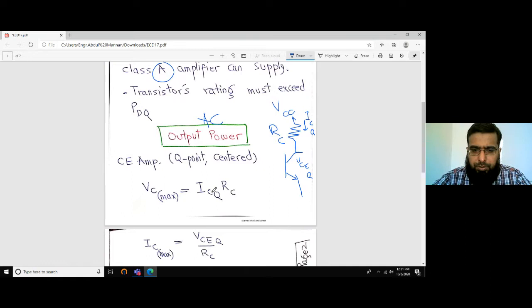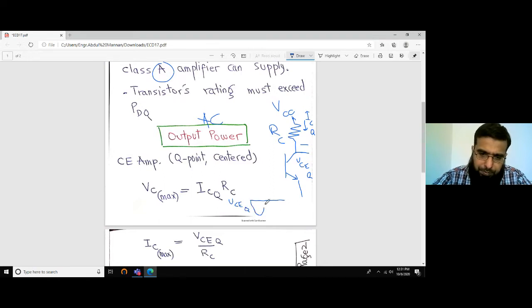If we start from VCEQ, and this is the reference level for the AC to swing at the output, suppose the output has a DC level VCEQ at which it is going to have a swing like this.